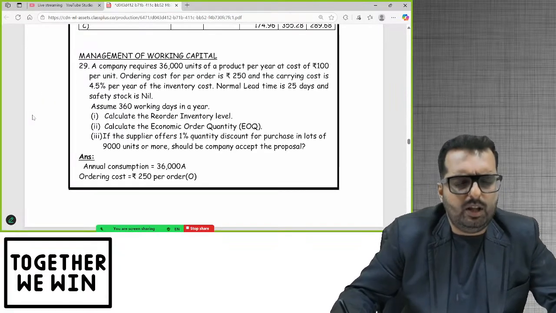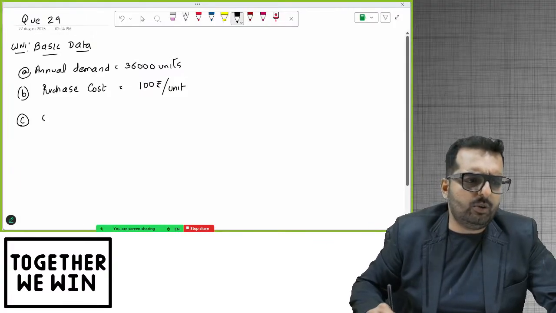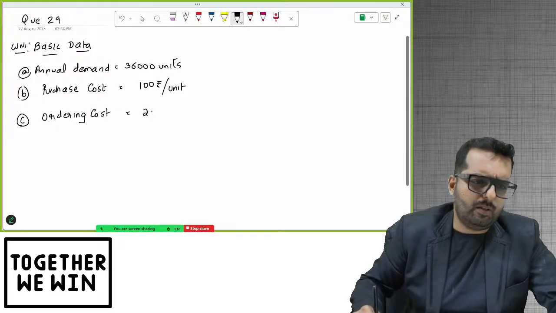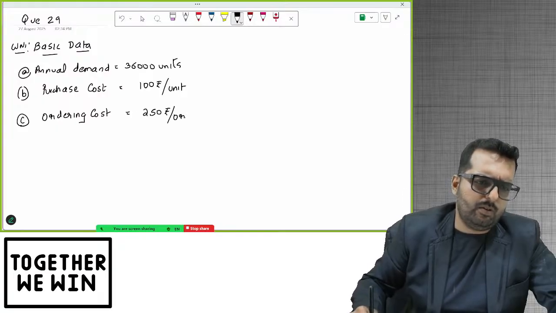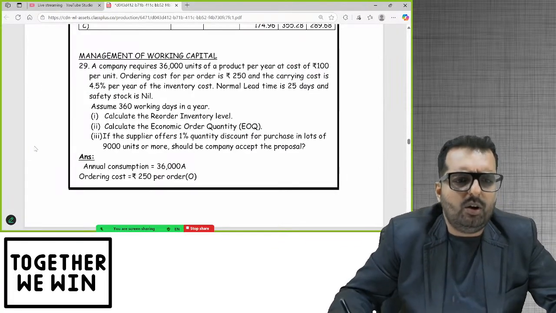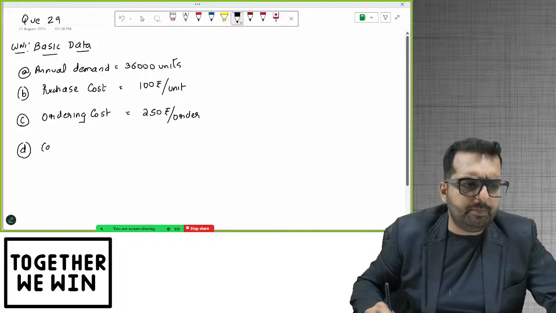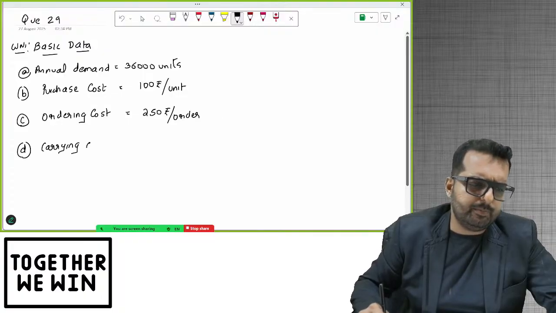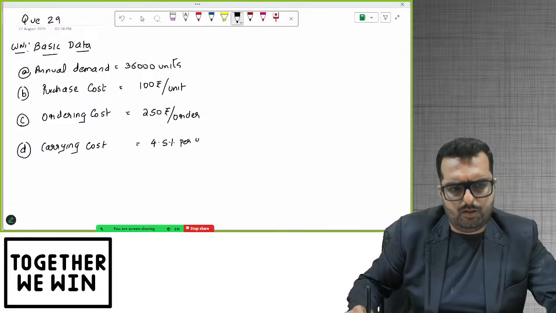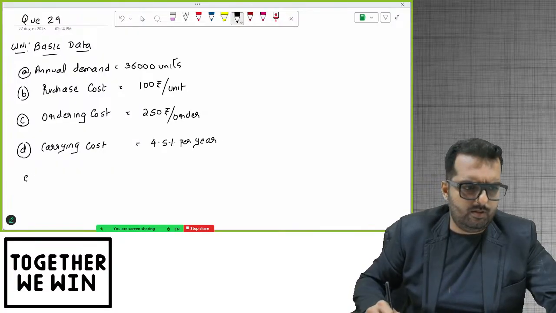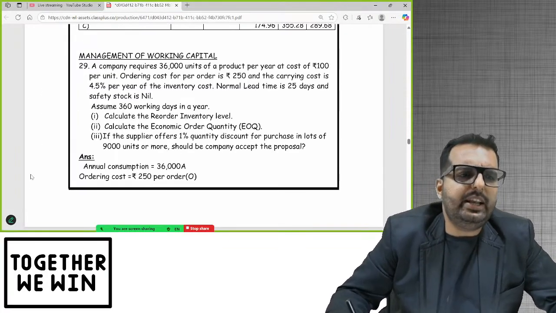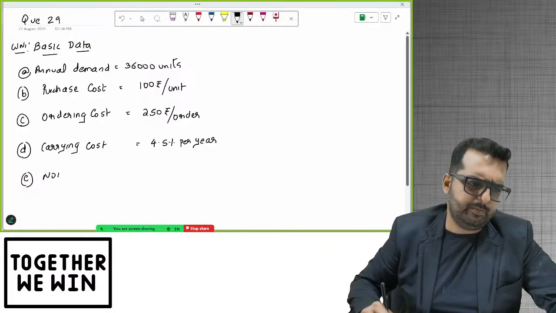100 rupees per unit. Ordering cost is how much? 250 rupees per order. Carrying cost is 4.5% per year, and normal lead time is 25 days.